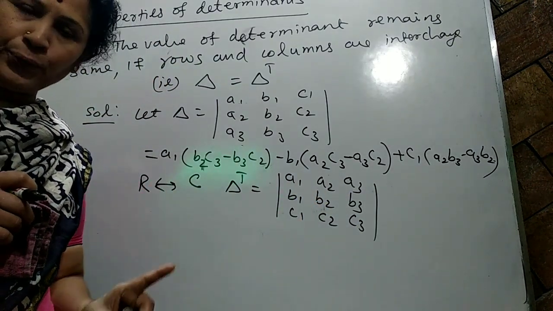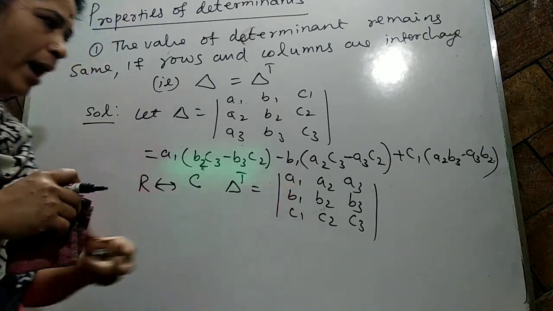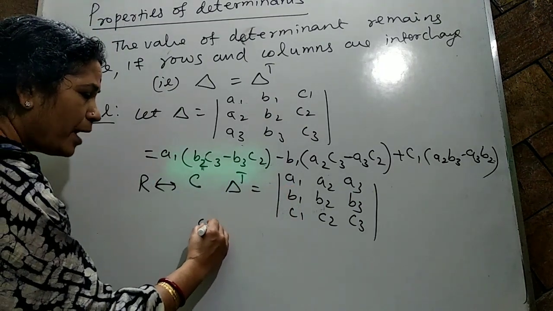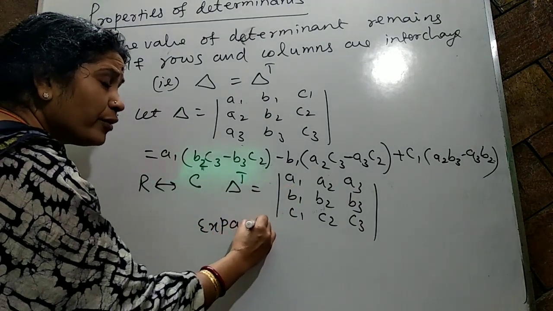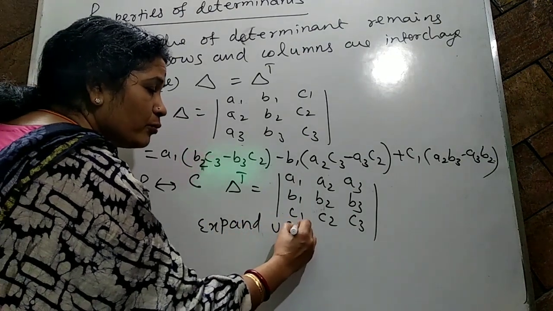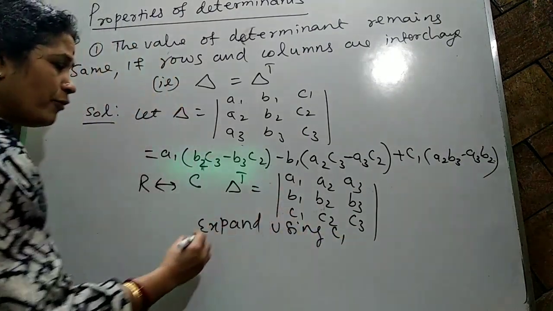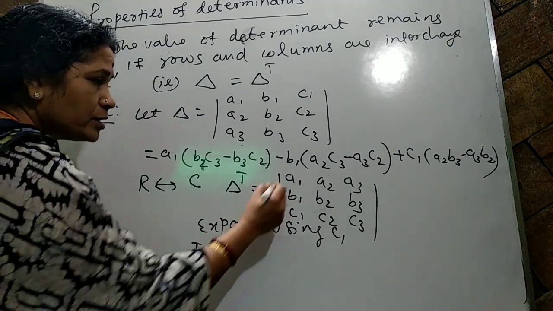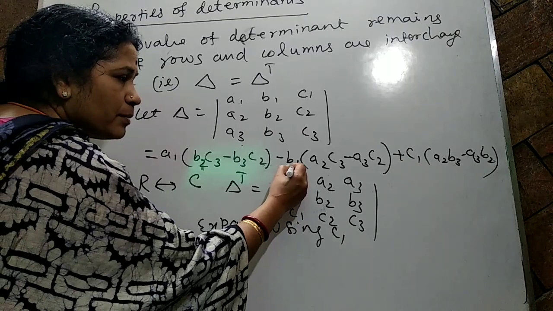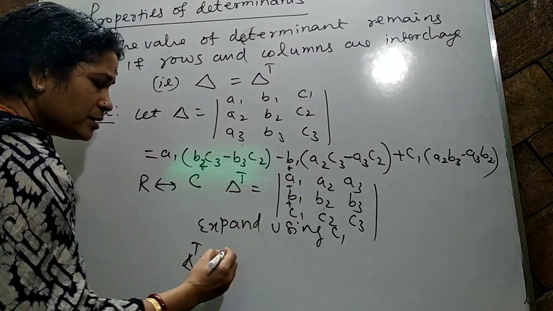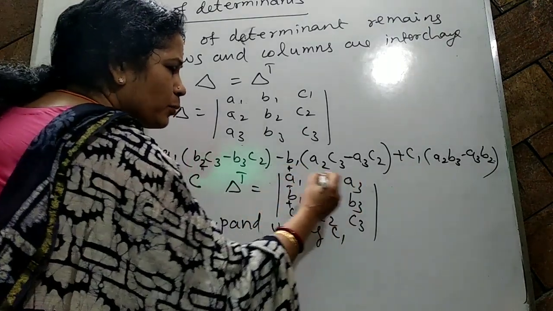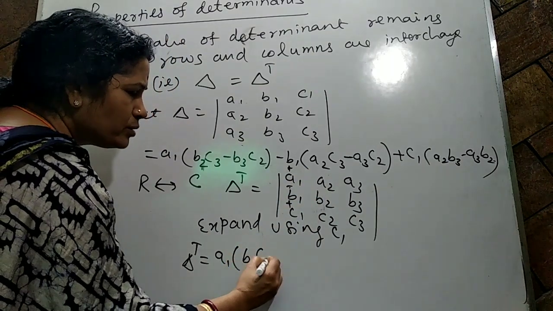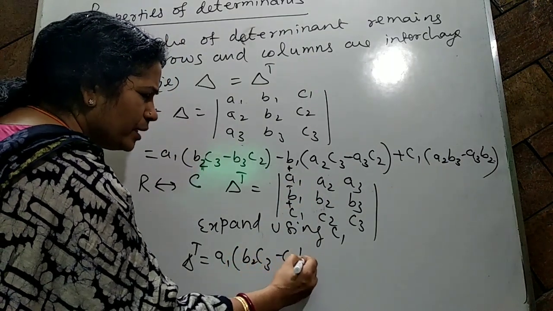That we have already proved in the first exercise. Now I'm going to expand using C1, there is no difference. If I use this, delta transpose equal to, now A1 into, this is plus, this is minus, this is plus. Now A1 into delete corresponding row column, we will get B2 C3 minus C2 B3.